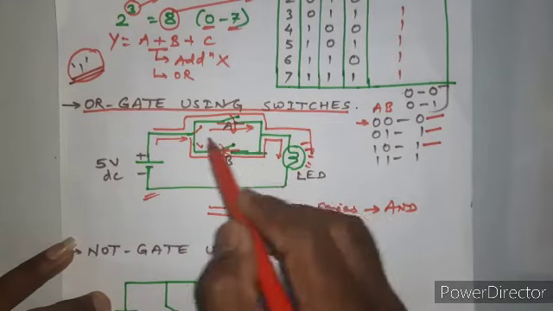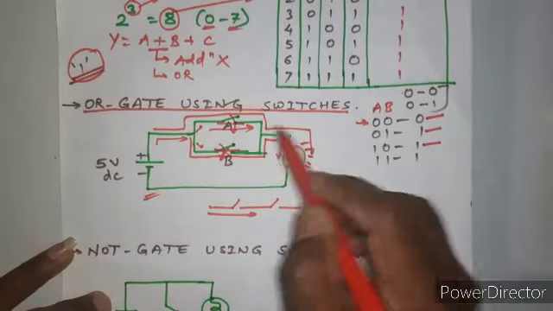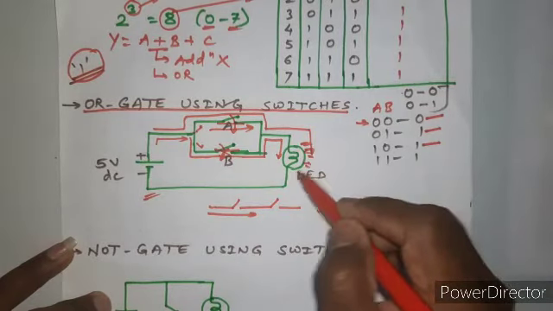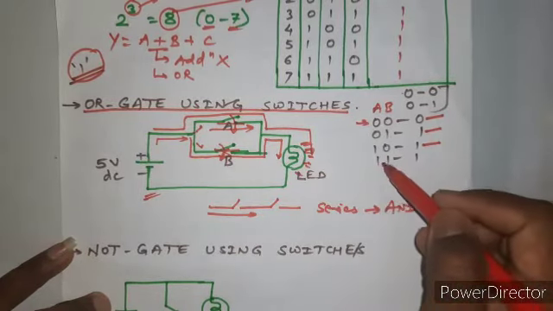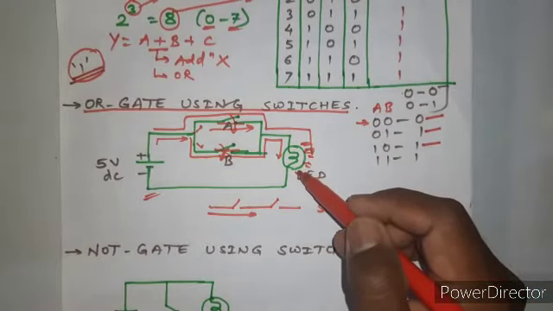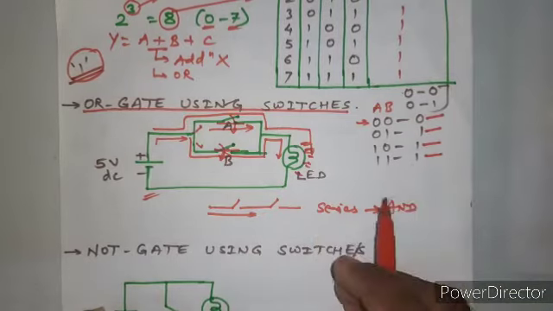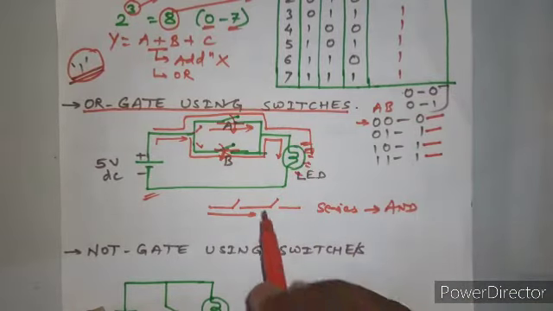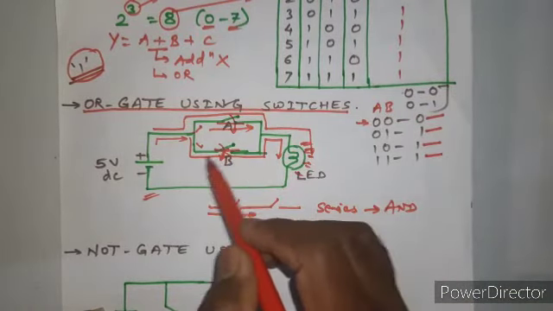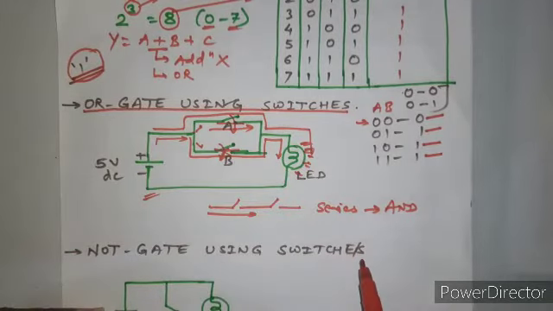The current will flow through that switch and it will glow this LED. So in the last case also our LED is glowing, means LED is on, right? So this is the circuit using the switches for 2 input OR gate.